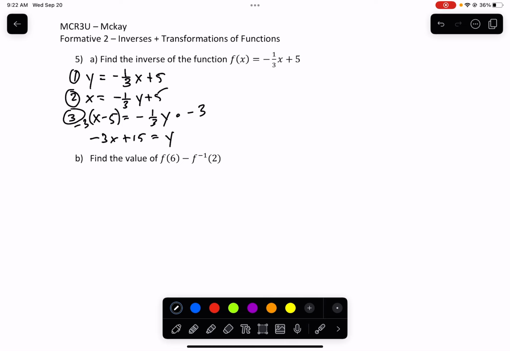Okay, I'm gonna stop there for a second, make sure you can get your head around that. If you can't, I'll show one more step. I multiplied both sides by negative 3 in order to get the y by itself. If I multiplied by positive 3, I still would have had that negative sitting there. So I just did a couple things in one line. Okay, I don't know if that's freaking people out or not.